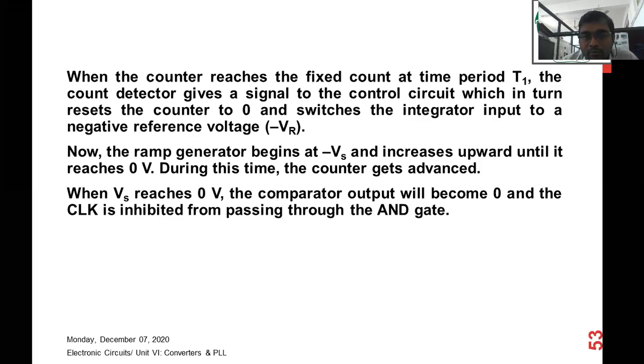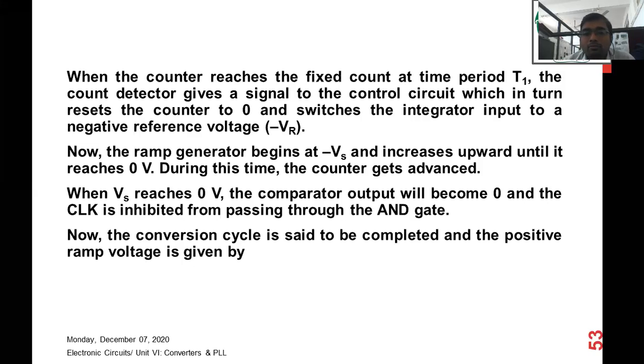During this time T2 the counter advances, and when Vs reaches 0 volt, the comparator output becomes 0, the clock is inhibited from passing through the AND gate, and the conversion cycle is completed.